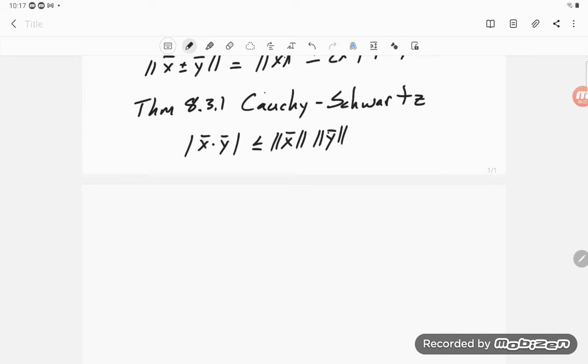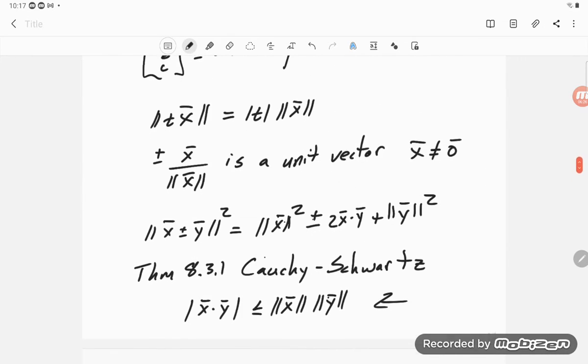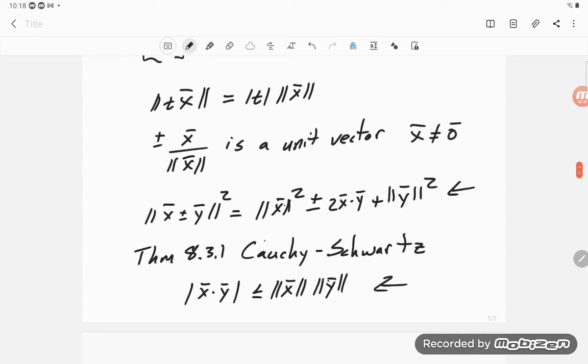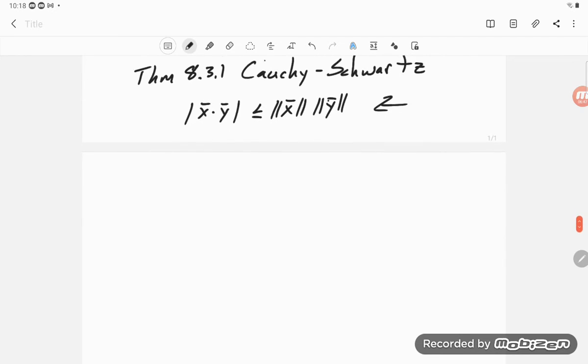And again, because of this, that's how we get the triangle inequality. So I'll mention the triangle inequality again, but I won't do the proof. We already did that where we use the Cauchy-Schwarz right there to get our inequality.